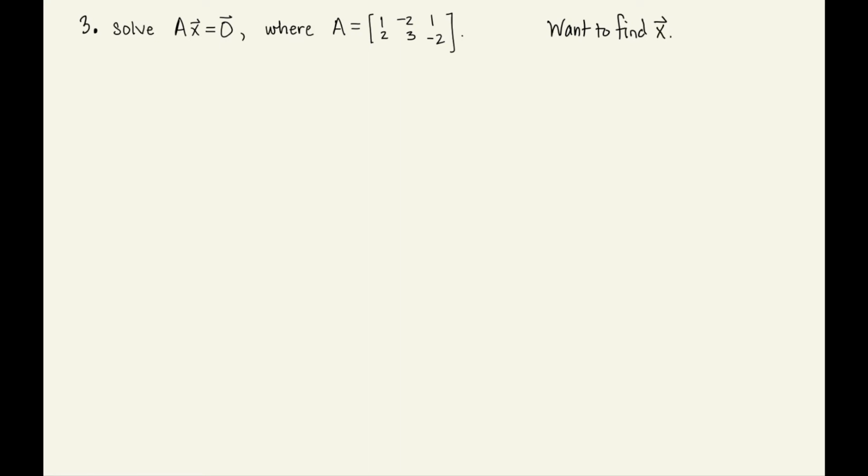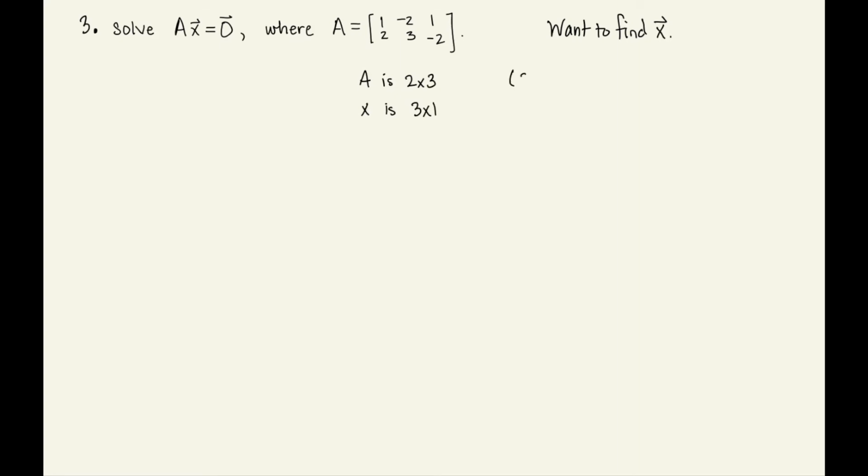Well, the first question we need to ask ourselves is, what size is X? What are the dimensions of X so that this even makes sense? And while we're at it, what are the dimensions of this 0 vector as well? Well, let's see. A here is 2 by 3. So that means that the number of rows in X needs to be 3. So that means that X is going to have to be a 3 by 1.